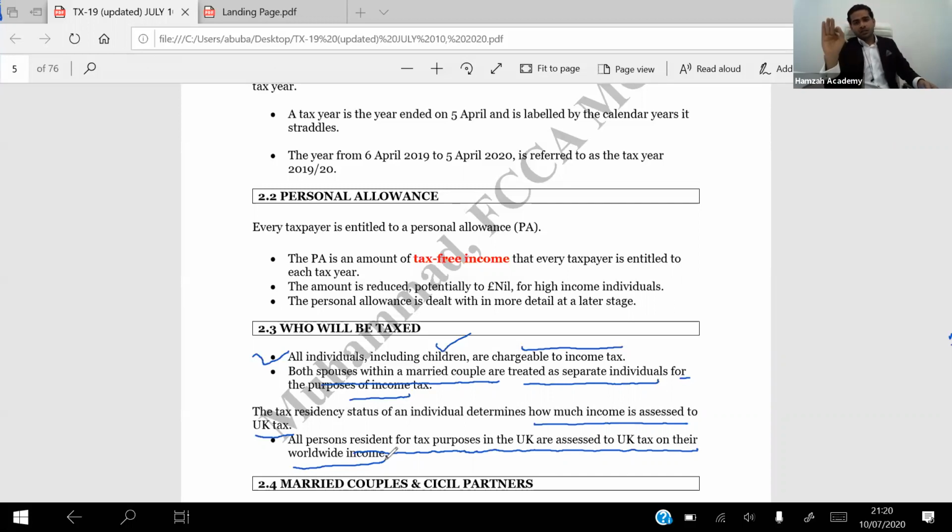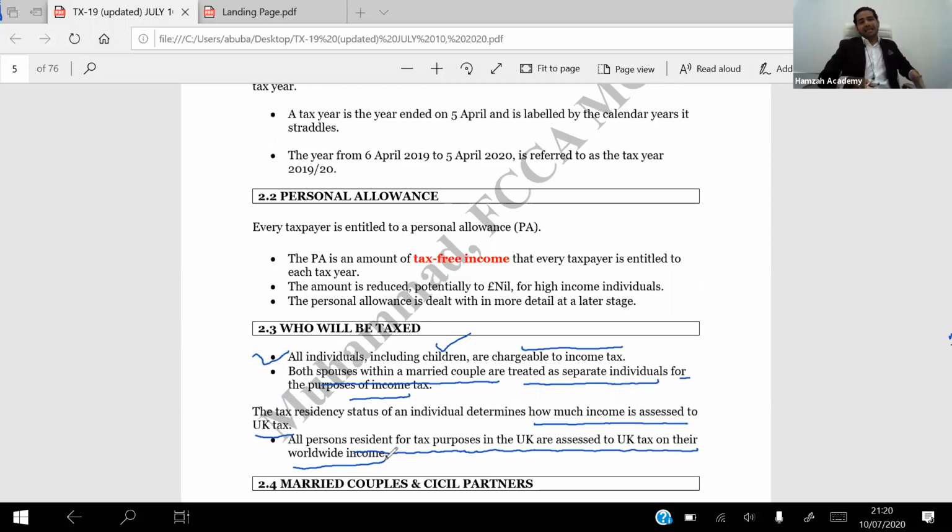Any British citizen who has a business outside the UK, who has a temporary job outside the UK, who is receiving benefits from there, who received a gift from outside the UK, who owns shares in a company outside the UK, who does even freelance work outside the UK, will be paying tax regardless of what type of income he is receiving, as long as he is receiving income.